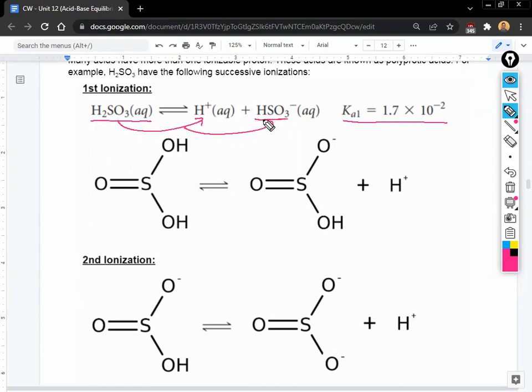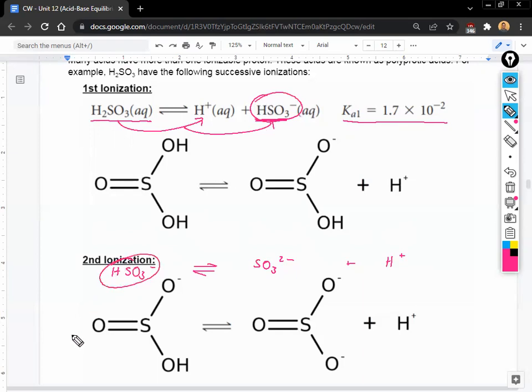But if you look at this conjugate base, what do you notice about it? It also has an H, which means HSO3 minus can also go into equilibrium to give up SO3 2 minus and H+. So that's what a polyprotic acid is. It's an acid that can make a conjugate base that can also act as another acid.